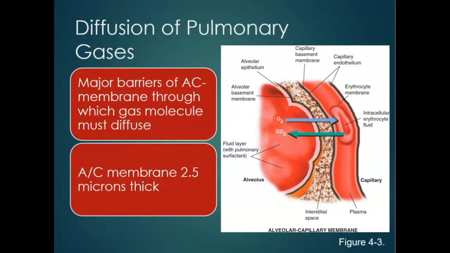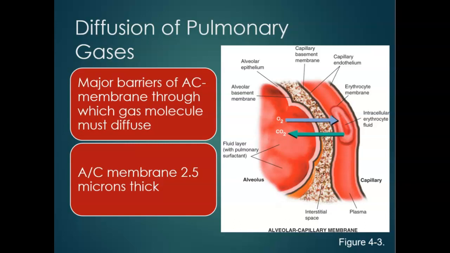So that's kind of the main gas law that talks about the pressure gradient or the diffusion gradient, or the things that are going to affect diffusion gradient in the lungs. But there are other barriers that are going to affect diffusion, and that really has to do with this AC membrane. Okay, that's what these gas molecules have to transfer through in order for oxygen to get from the alveoli into the blood.